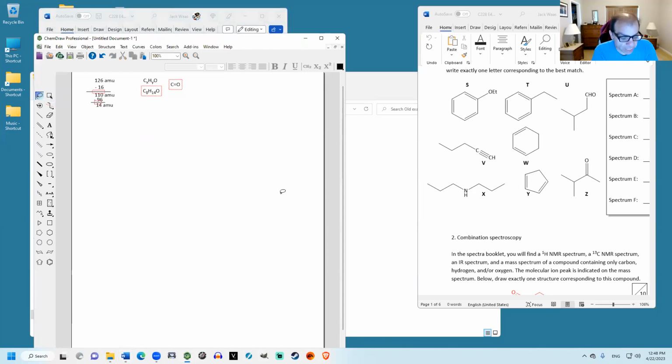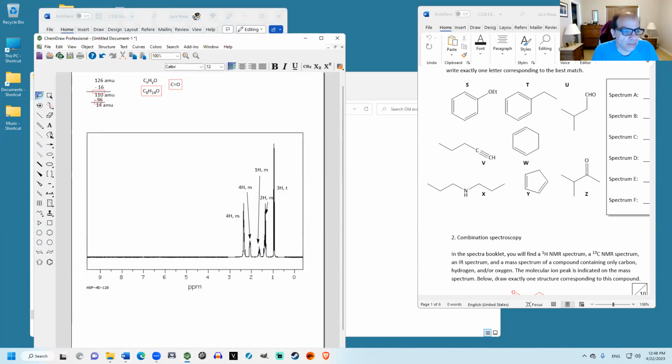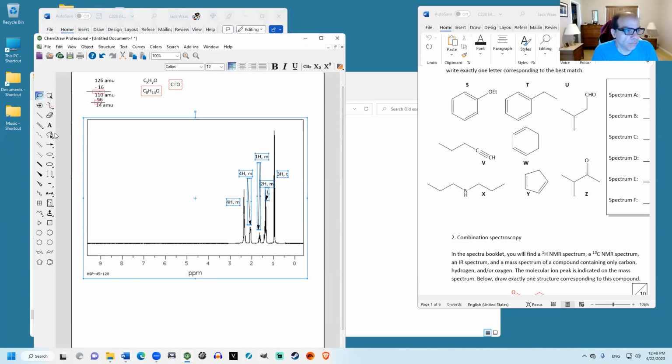See if you can account for all of the hydrogens. Looks to me like we have a CH3 over here. In fact, the CH3 that's next to a CH2, because the CH3 is split into a triplet, and then the CH2 is down here. There's the 2H resonance.